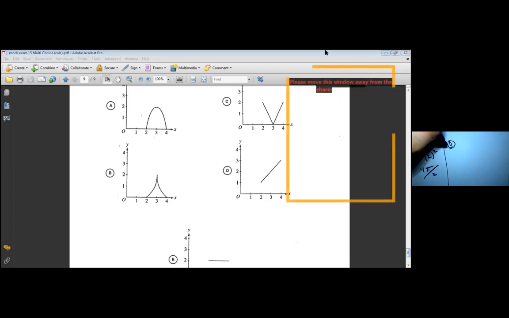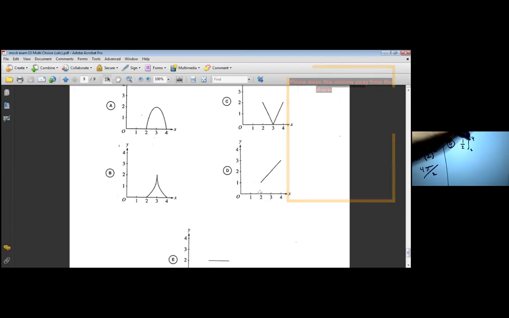All right, let's take a look here. If we did, for example, letter D, say we did average value. That's 1/2 times the integral from 2 to 4, and then you'd be finding the area of this shape.